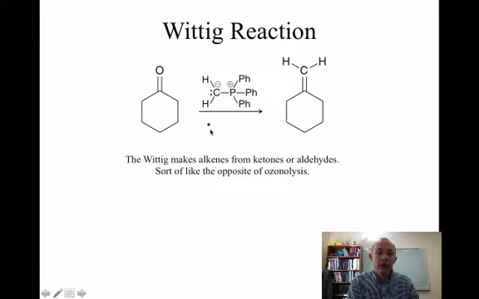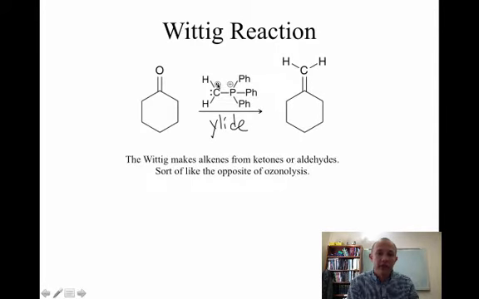What we use in the Wittig reaction is a reagent called an ylide, Y-L-I-D-E, ylide. And this is a reagent that possesses a phosphorus-carbon bond that has an internal dipole or charge, like the phosphorus is positively charged and the carbon is negatively charged.